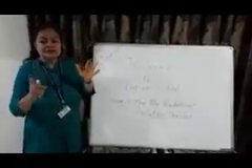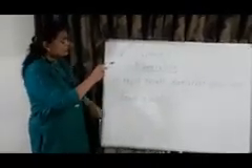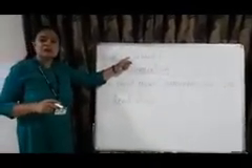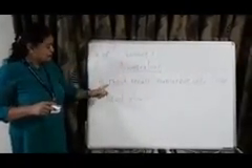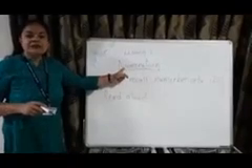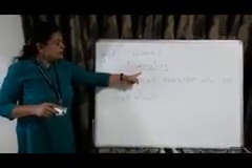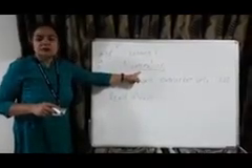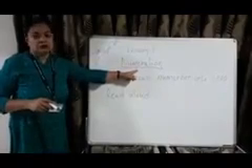Now, I will be starting with the numbers 1 to 1000. The first chapter we are going to start with in maths will be numeration. Numeration means reading numbers, or operations with numbers, and how to read larger numbers up to 6 digits and beyond.